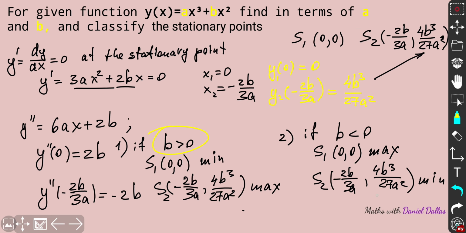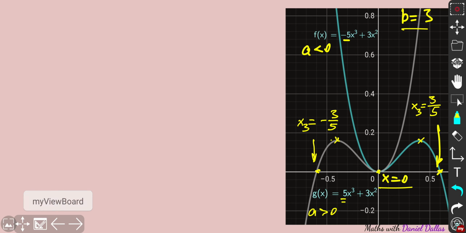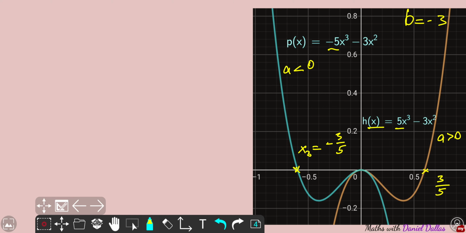Okay, so let's just go back. b is negative now, and we have exactly this case, so b is negative 3. And in both cases, for example, for p(x) when a is negative, we still have a max, okay? And for the orange curve, h(x), a is positive, but we still have a local maximum again.